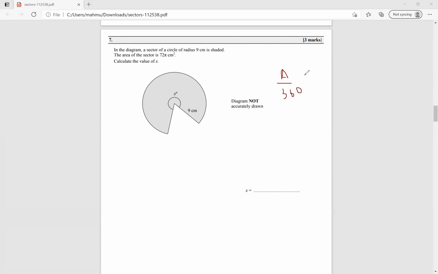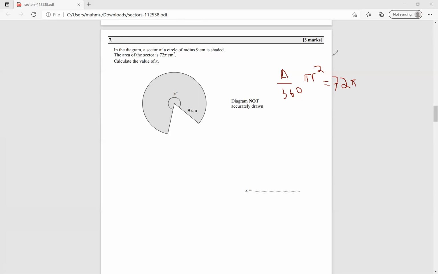Then we times it by pi r squared, right? So that's the angle. What they're saying is all this should equal 72 pi. Now using this, they're saying, work out x, work out the size of A.